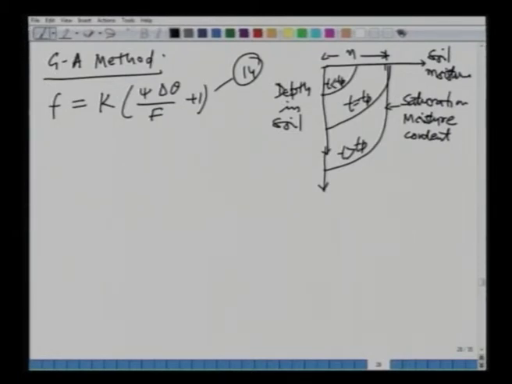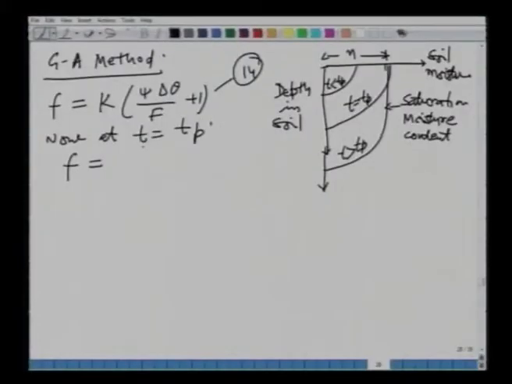Now, what we are going to do is write this equation just at t equal to tp. All right. So, at t equal to tp, what is small f equal to? I think we have just written it in the last sheet.